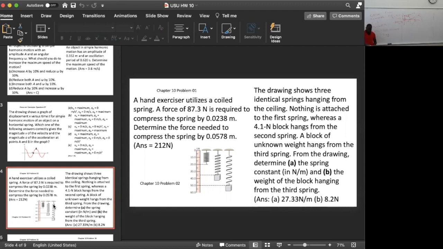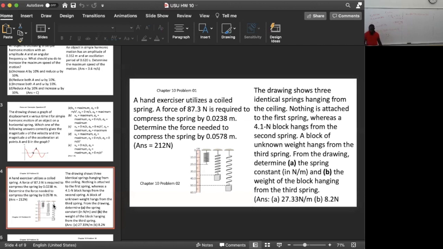It was extended from 20 centimeters to 35. So the extension x is 35 minus 20, 15 centimeters, 0.15 meters, okay? That's your extension.